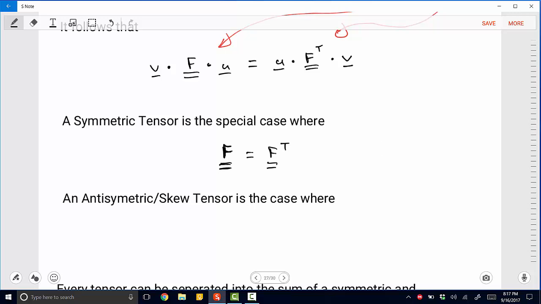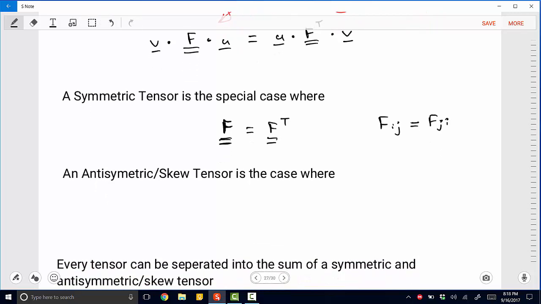What this means is that Fij is equal to Fji. Switching the off-diagonal terms, switching the F12 with F21, they have the same value. They're equal to each other, so switching them doesn't do anything. It doesn't matter. It's a symmetric tensor.